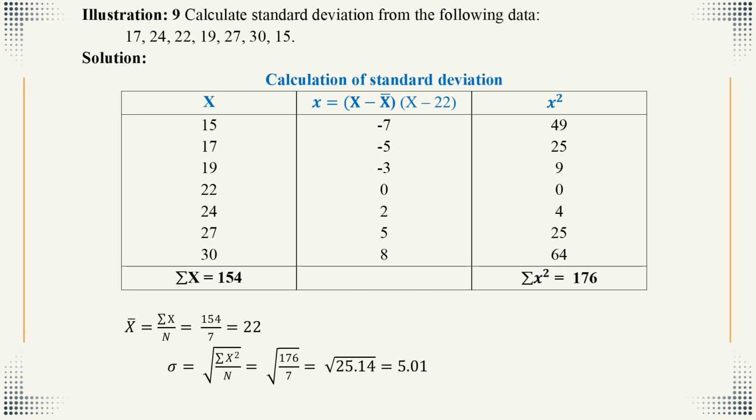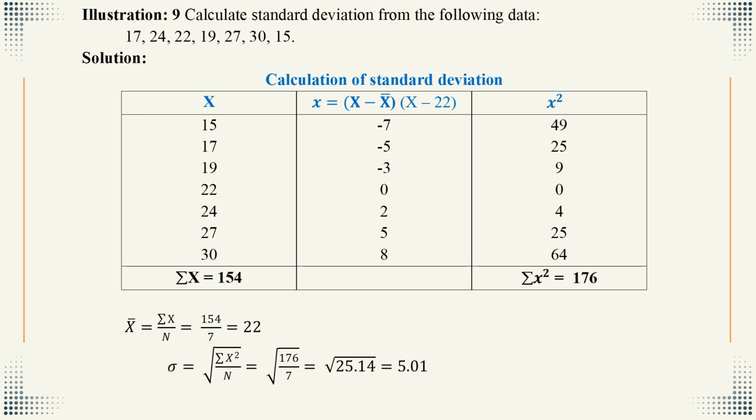Thereby 15 minus 22 is minus 7, 17 minus 22 minus 5, 19 minus 22 minus 3, 22 minus 22 0, 24 minus 22 2, 27 minus 22 5, 30 minus 22 8. Then the square of it should be calculated. In the third column, 7 into 7 49, 5 into 5 25, 3 into 3 9, then 0, 2 into 2 4, 5 into 5 25, 8 into 8 64.